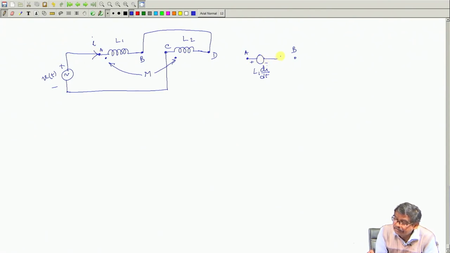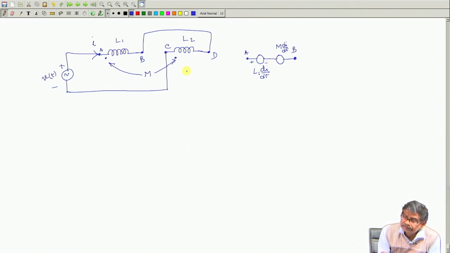But there will be another voltage source, because the second coil C D also carries current. And what will be the magnitude of this voltage? M d I dt. But this time you should be careful.